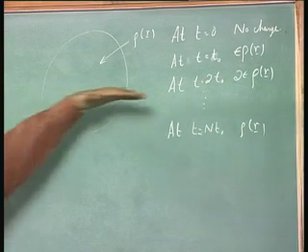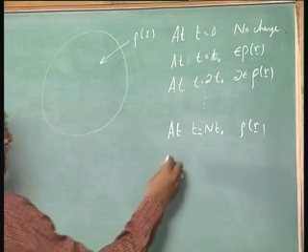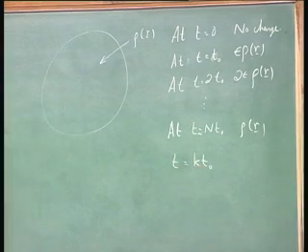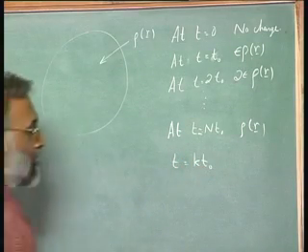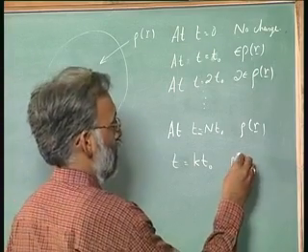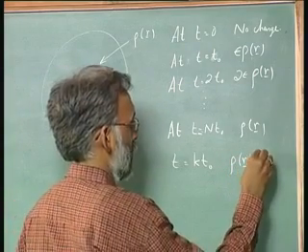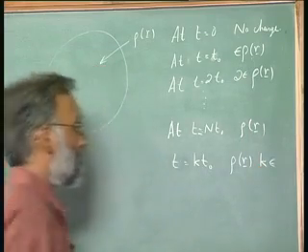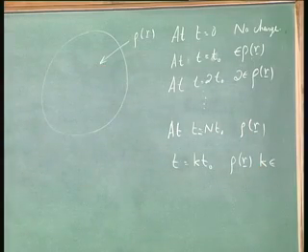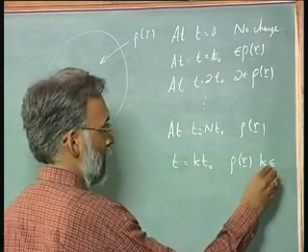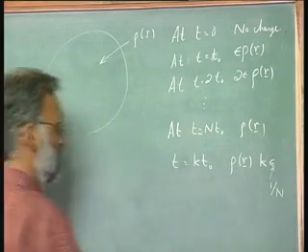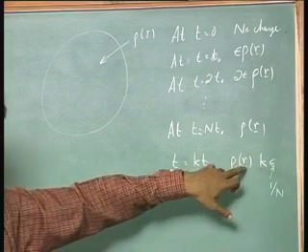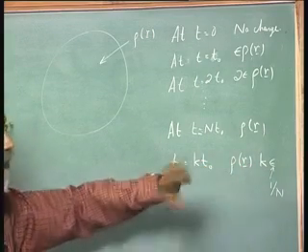At any given time, let us say t equals k t naught, the charge density that is present is rho of r times k epsilon. Okay, this epsilon is nothing but 1 over capital N. So, you have some fraction of rho of r, k over n of rho of r.